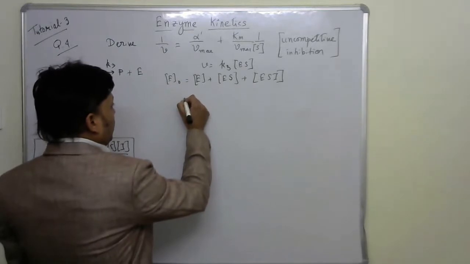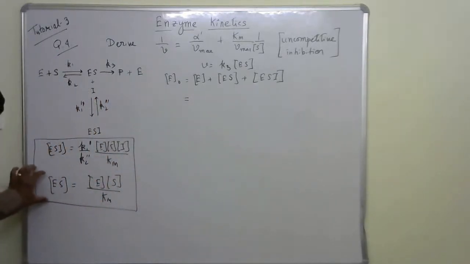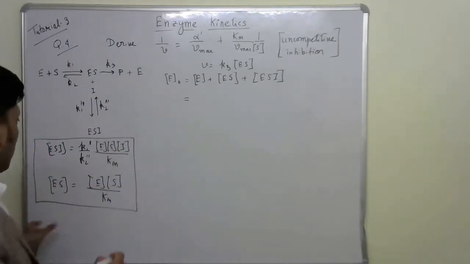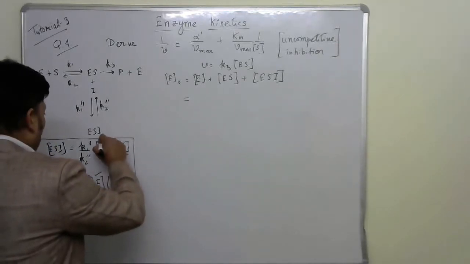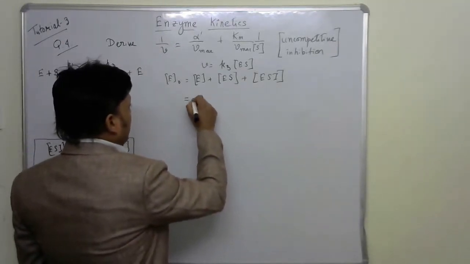So now, these are the values for ES and ESI. We have just now derived this. So we are going to plug in these two values over here. Okay, so therefore we have a term E over here and also E over here. So I'm going to take the E part common.